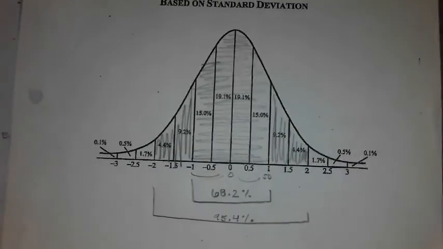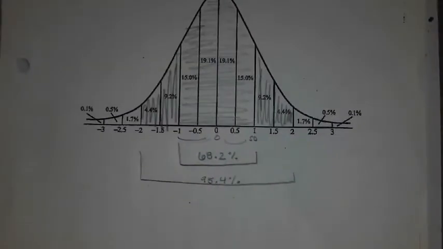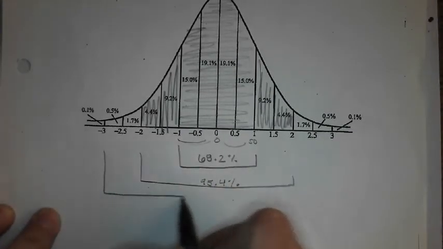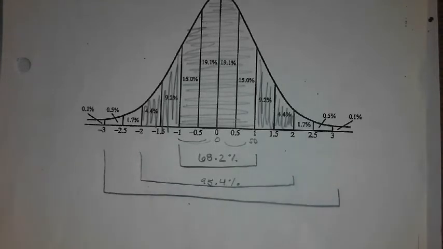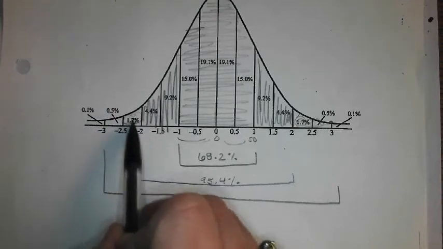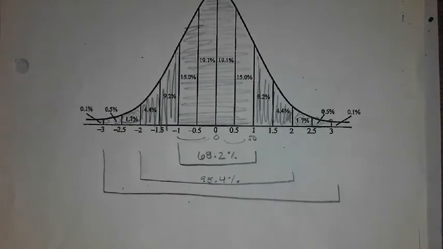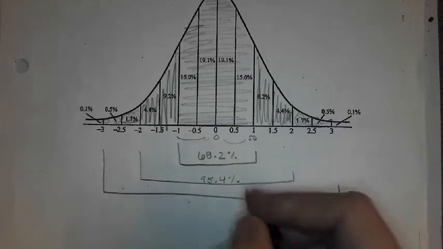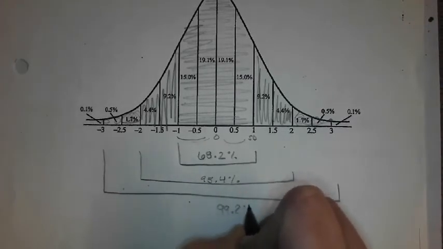I gave you the numbers 68 and 95. Okay, so those, again, were ballpark. 3 standard deviations away, we haven't talked about this yet because it's not going to come up as often, but if I add on to that 1.7% and 0.5%, that gets us up to 99.8%.